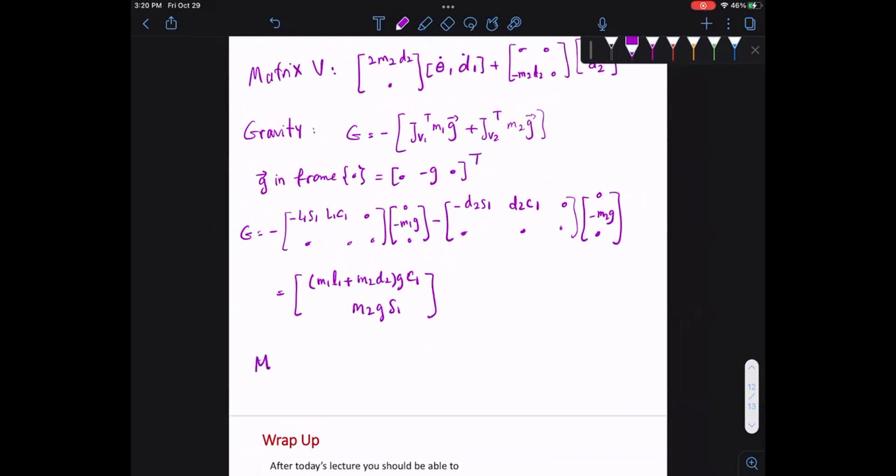So matrix M multiplied by theta double dot 1, D double dot 2, plus V, plus G equals tau. I'm going to write Q and Q dot because this is theta 1 and D2. This is theta 1 and theta dot 1 and D2.